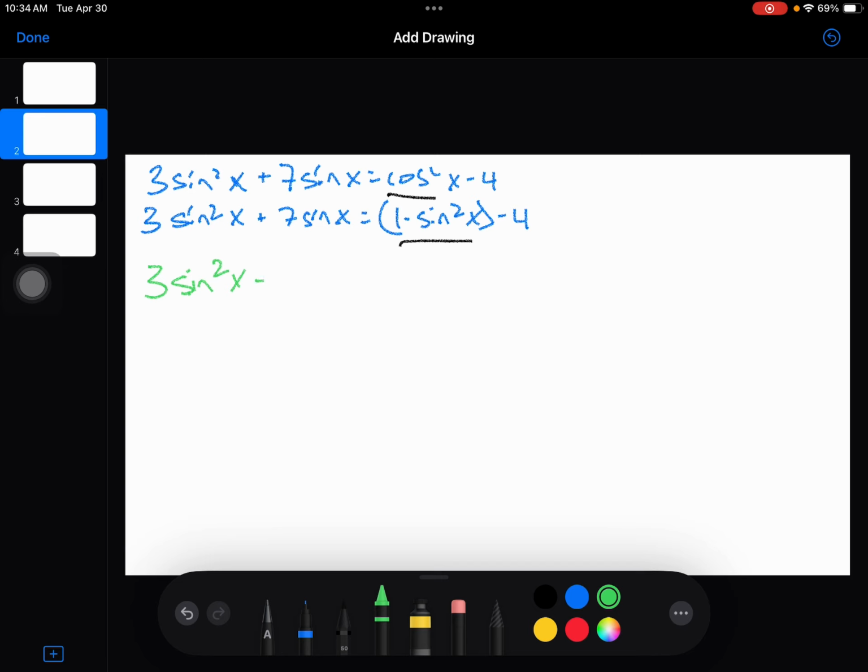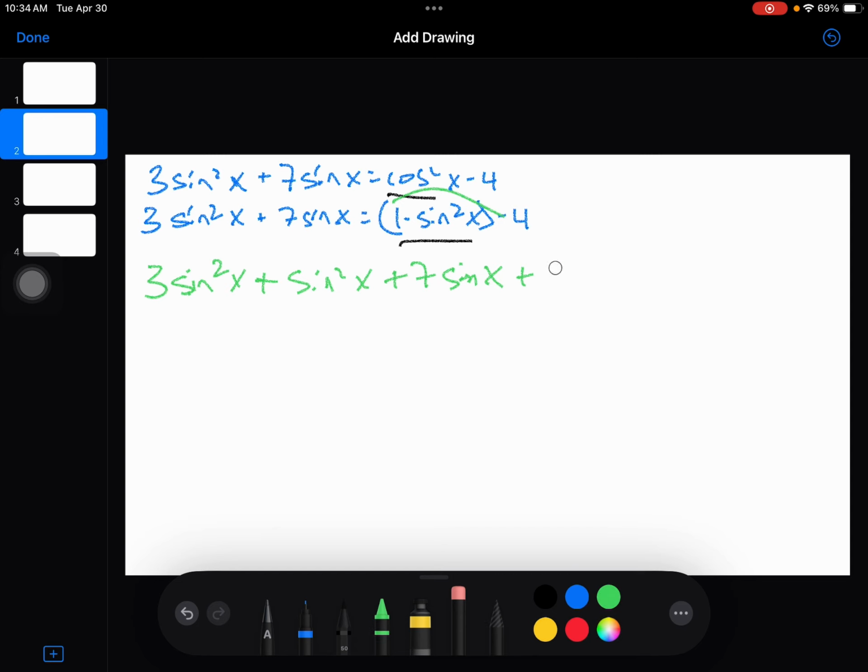3 sine x plus, we're going to change the sign here, plus 1 sine squared x. And then plus, here's our middle term, 7 sine x. And we're going to change the sign. Plus 4 is equal to 0. Oh, not plus 4, excuse me. Plus 3, because we've got to combine the 1 and the 4.